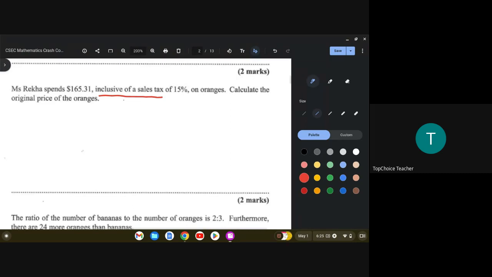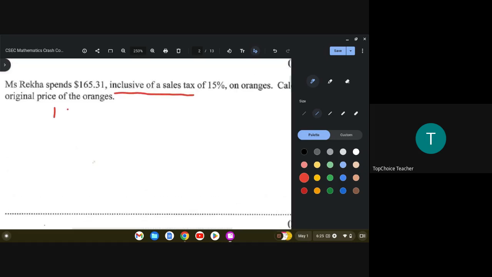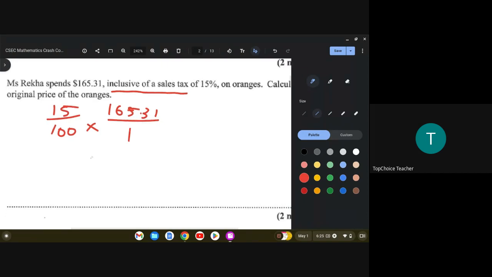Now, a lot of students will be tempted to do this: 15 over 100 multiplied by 165.31 over 1, or something. Raise your hands if you would do this. Be honest with yourself. If you don't want to be honest, that's okay. But if you do this, you're going to run into a problem.